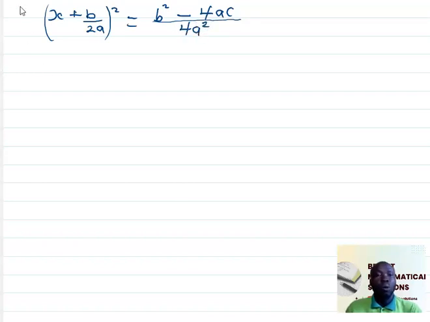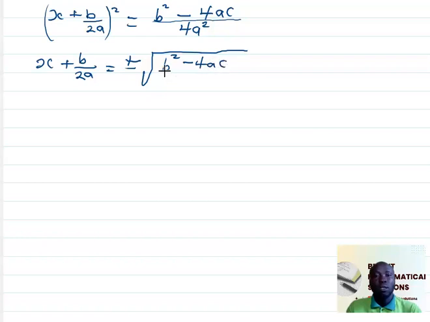So we can take the square root of both sides such that x plus b over 2a will now become plus or minus the square root of b raised to the power 2 minus 4ac all over 4a raised to the power 2.